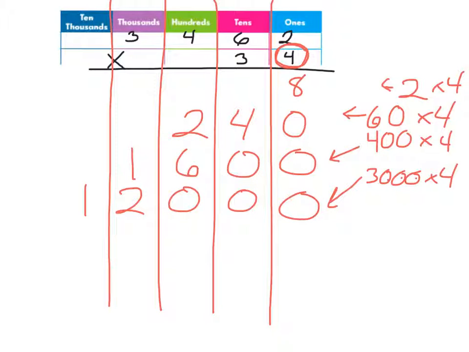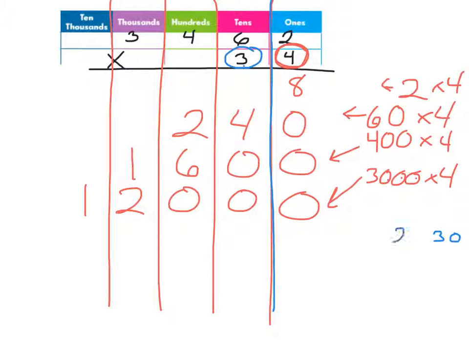So we're going to switch to blue to work on the tens column. Remember, the tens column is worth a different amount. So instead of doing a 3, it's going to be 30 because the value of this 3 is 30. Again, we're going to start with the ones column.